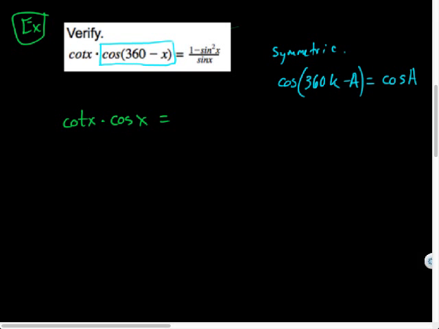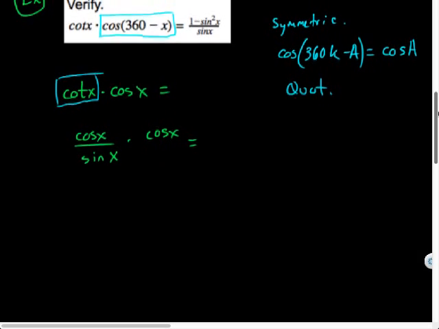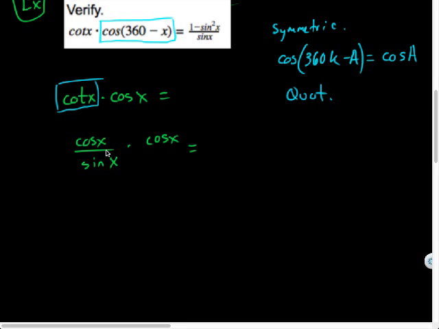So let's replace that with its quotient identity. That would be the same as cos x over sin x times cos x. And multiplying across, what do I end up getting there? Cos squared x over sin x.